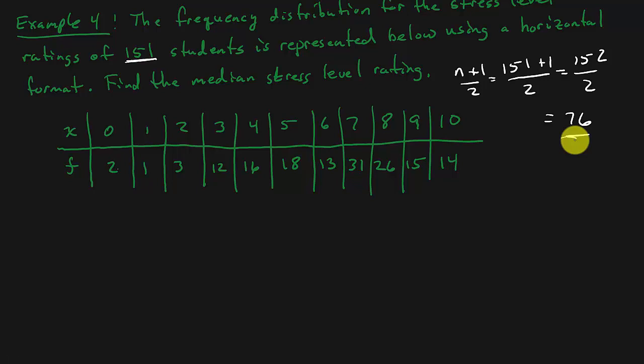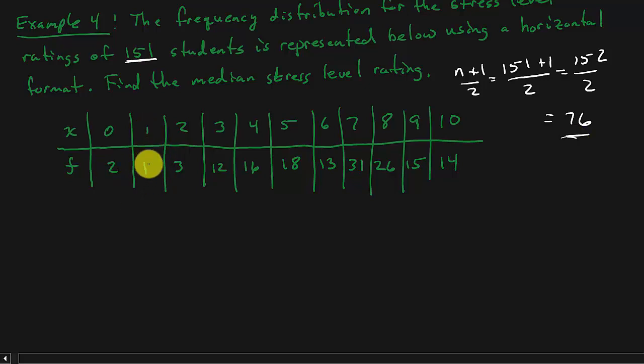So I'm going to do 2 plus 1, that's 3. That tells me the 1 is in the third position, plus 3, plus this 3. See, I'm just doing 2 plus 1 plus 3 plus 12 plus 16 plus 18 plus, and I'm just going to keep going until I get 76. Okay?